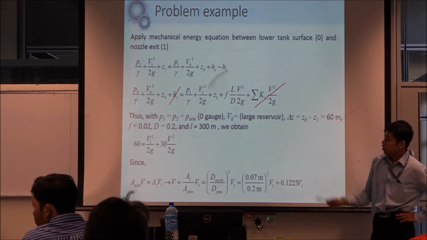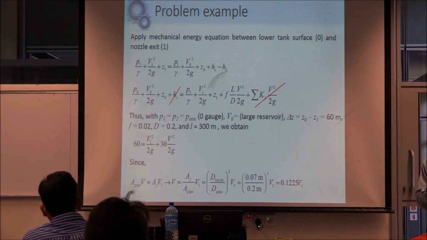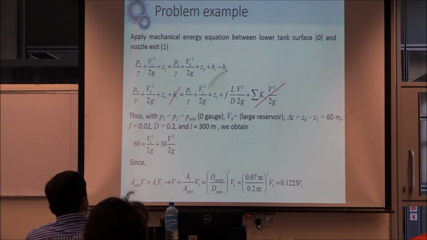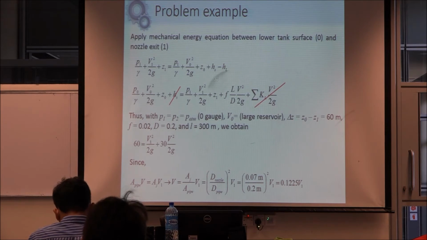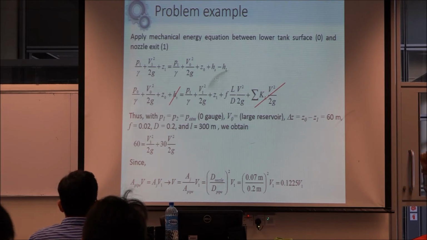Now, you see what's the problem there? You see the equation there, 60? What's the problem there? No, you cannot solve it? You have two velocities, V1 and V2. V is the velocity inside the pipe, because losses correspond to the pipe, not the jet, whereas V1 is the jet itself.